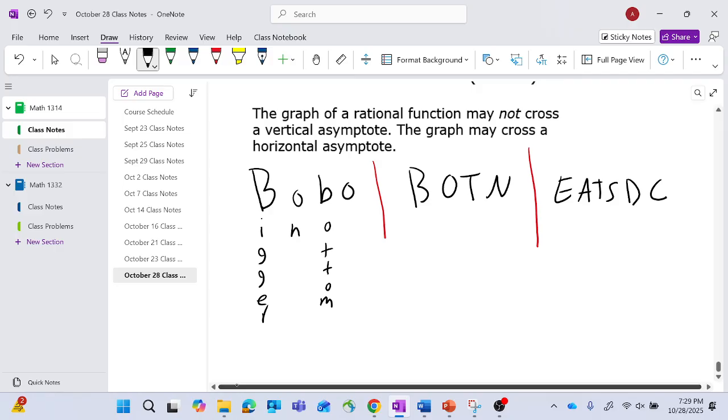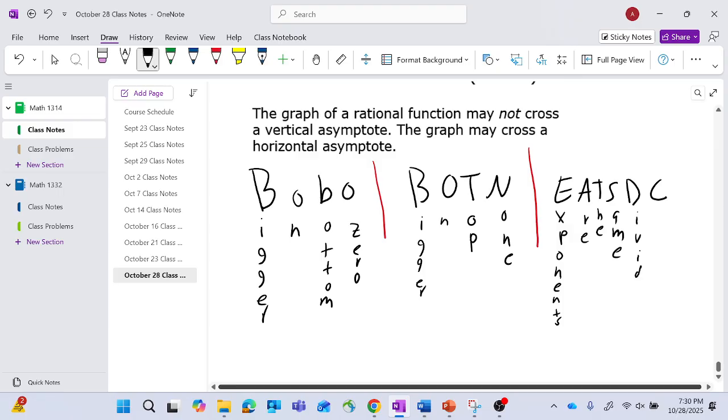BOTN: bigger on top, you have none. EA DC: exponents are the same, divide coefficients.